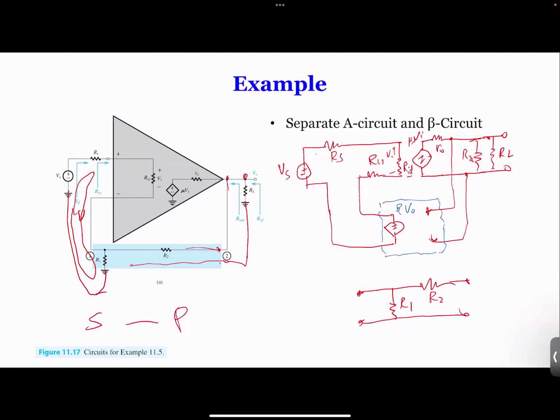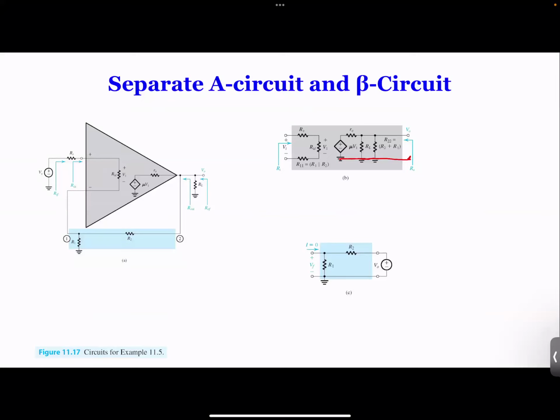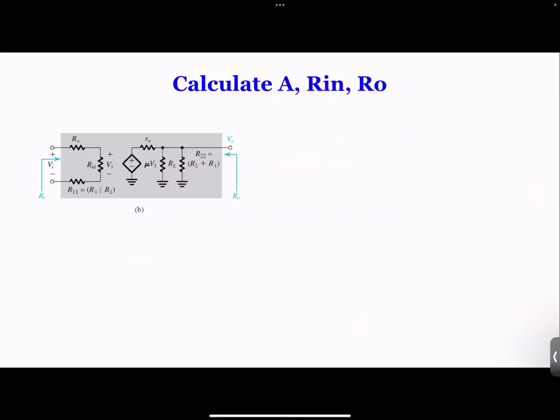And 0 voltage means short circuit, so you can short circuit. So that's your A circuit. For your A circuit, we already drew it. Now we just need to redraw the A circuit over here, and we need to find the gain A, the Rin and the RO. From there, we can continue to do the feedback circuit altogether.